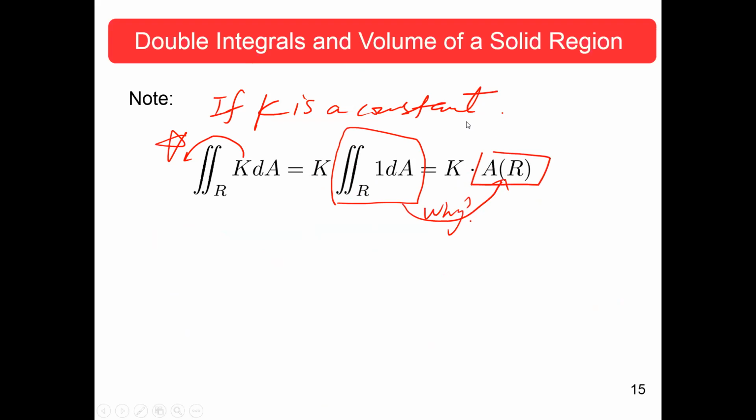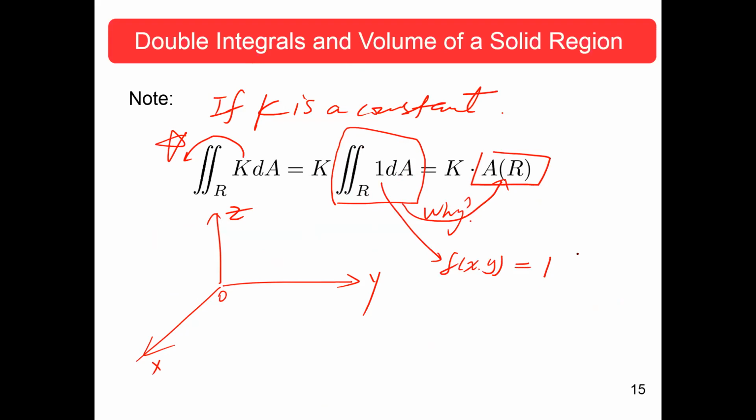Why? Can you use a graph to show this? Don't forget that when we introduced the double integral, it's the idea of the volume of the solid, right? So in this case, the function f(x,y), which is the integrand, will be 1.